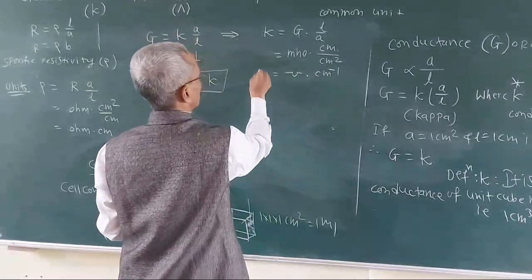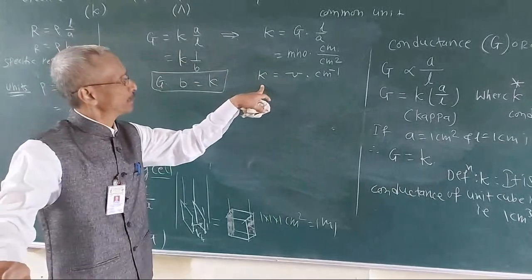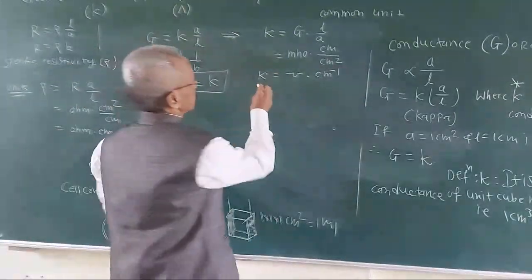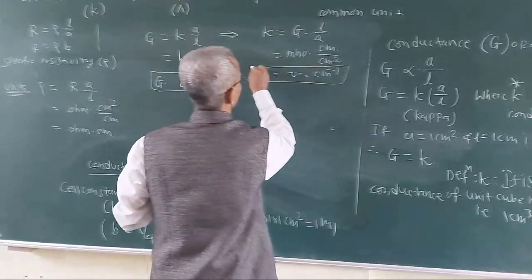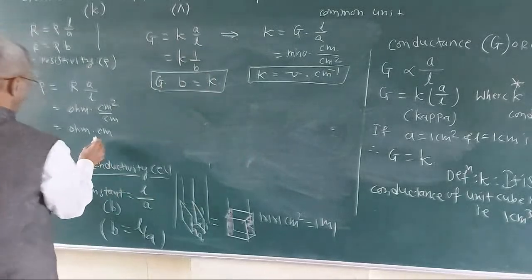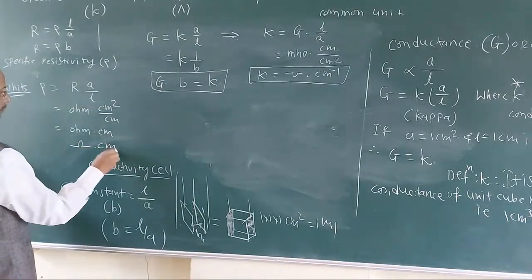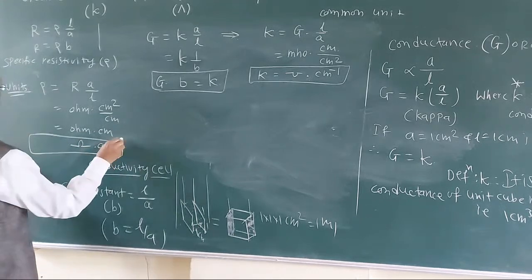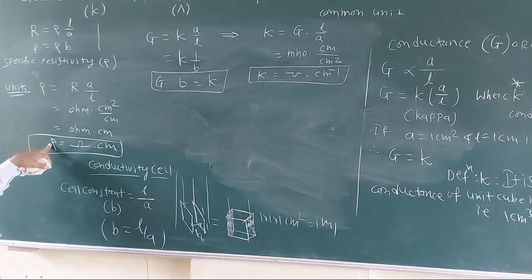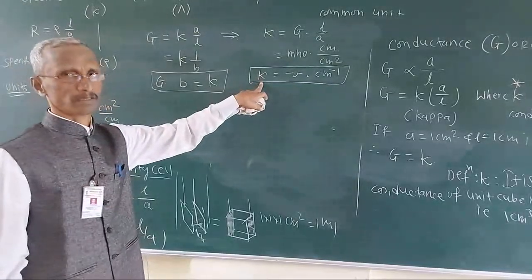So here kappa, the specific conductivity, has the unit mho per centimeter, and the specific resistivity has the unit ohm centimeter. This is the specific resistivity, and this is the specific conductivity.